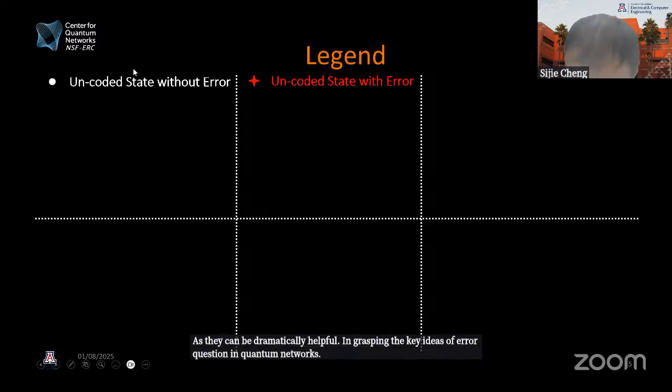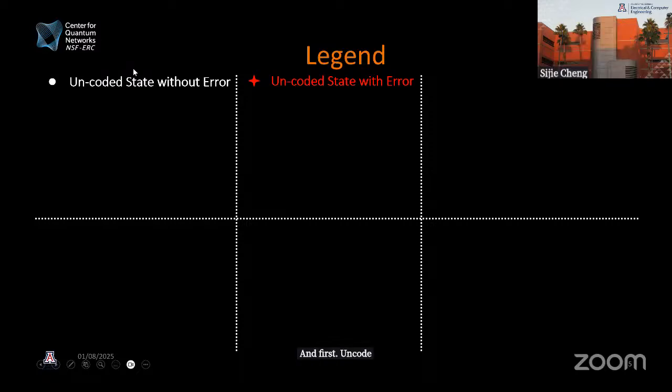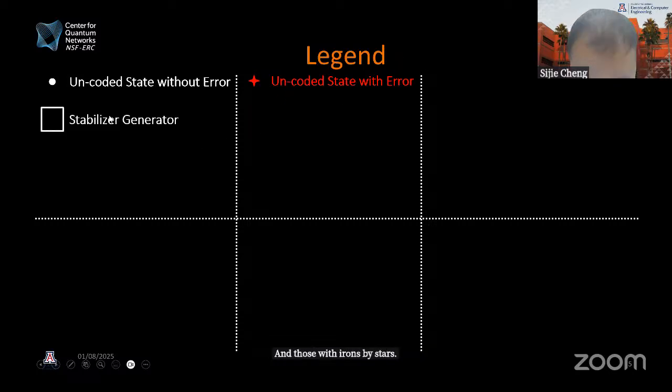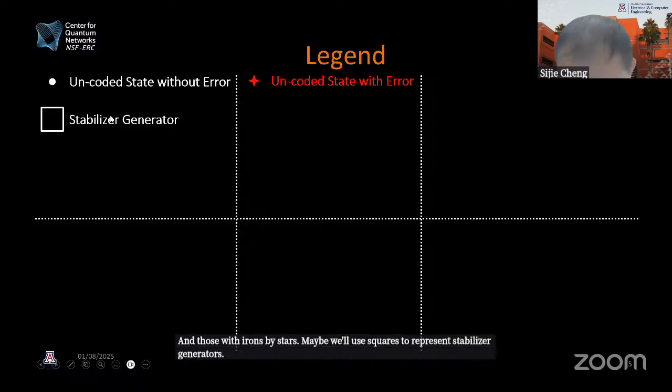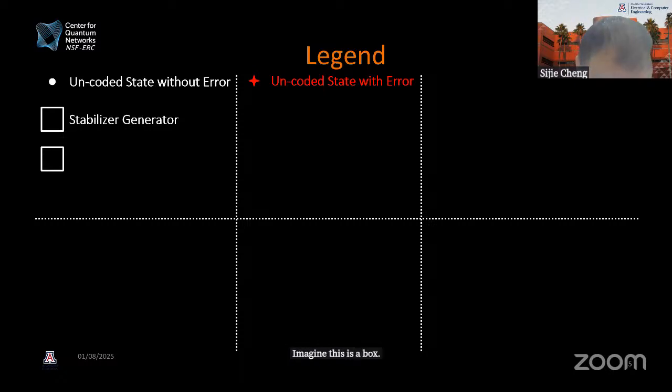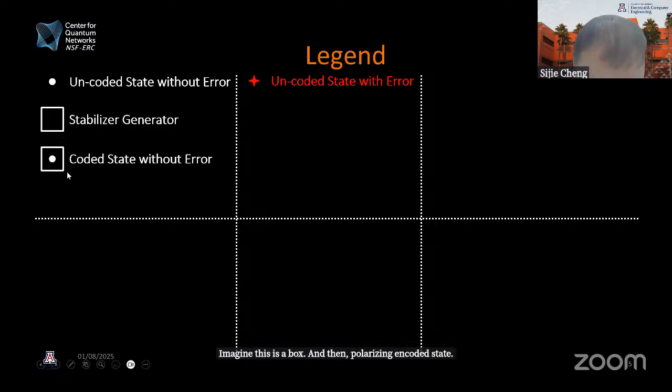At first, uncoded states without errors will be represented by dots, and those with errors by stars. We will use squares to represent stabilizer generators. Imagine this is a box, and placing an uncoded state inside turns it into a coded state without error, symbolizing the box's protective nature.